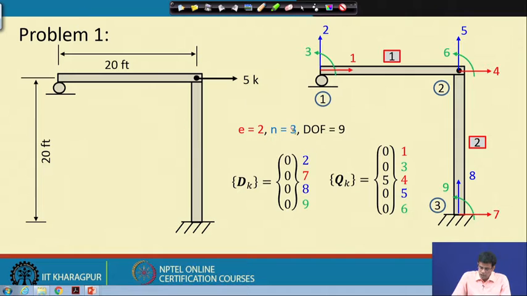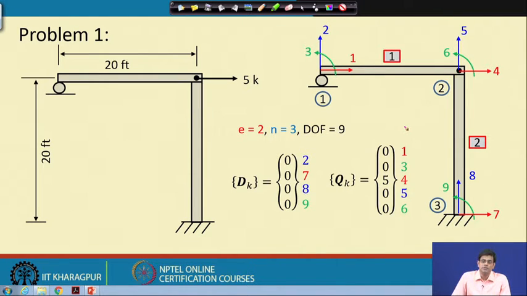We solve this frame by the matrix method, specifically the stiffness method, and these are our degrees of freedom. We started with nodes 1, 2 and 3. There are 2 elements, 3 nodes, and a total of 9 degrees of freedom.